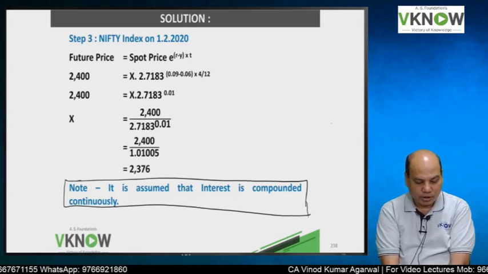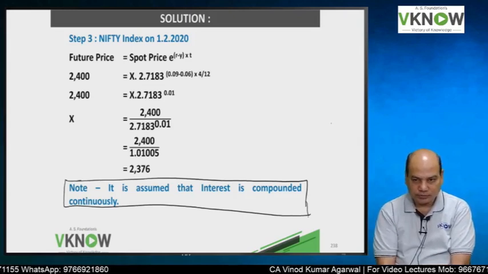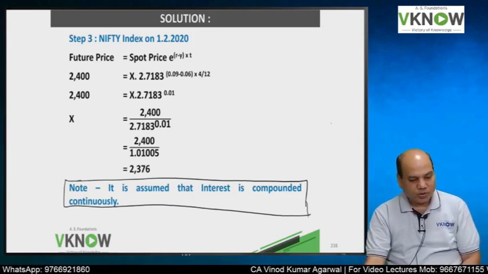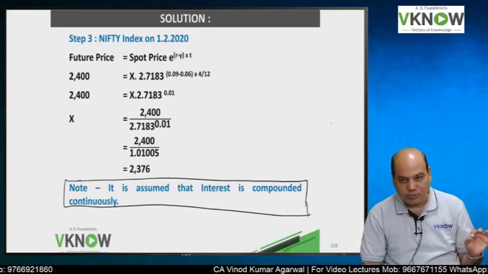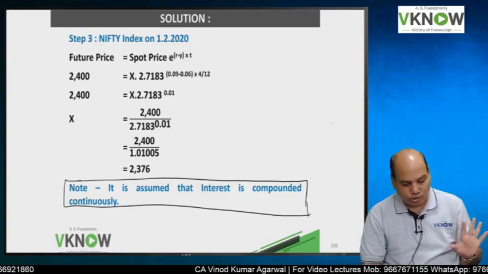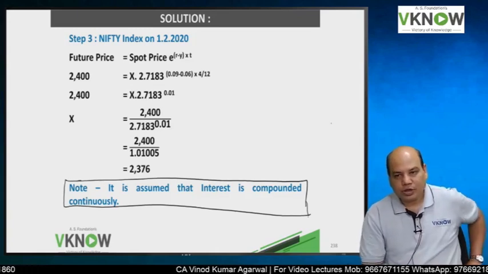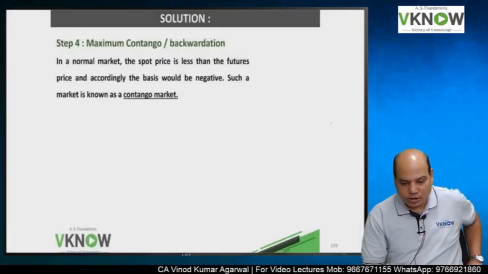If they specifically say that interest is compounded continuously, then you have to do it. Otherwise, you take compound interest and write a note.